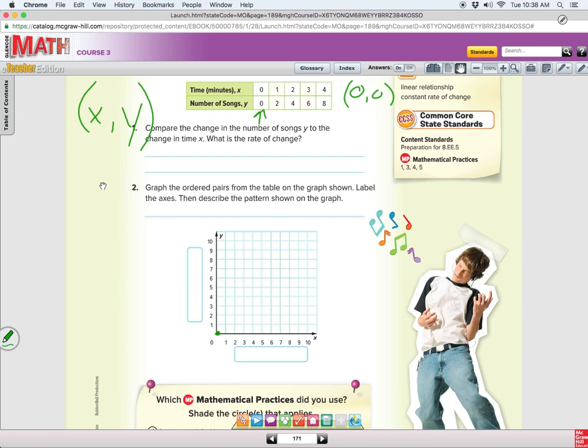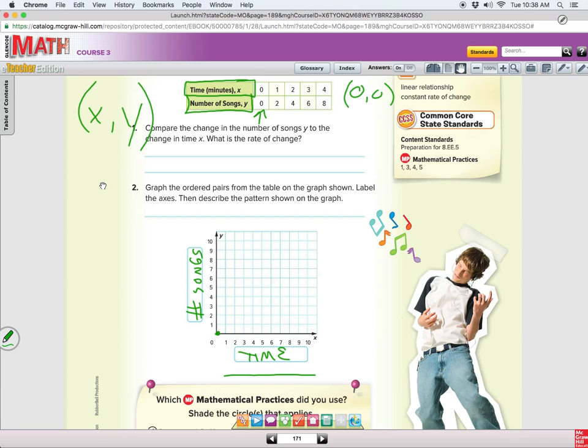Axes is the plural for axis. Our X, which is side to side, our horizontal, has to match what our table says is X, which in this case is time. Fill that one in. And then our Y is number of songs. And you can abbreviate number of songs, that's fine.